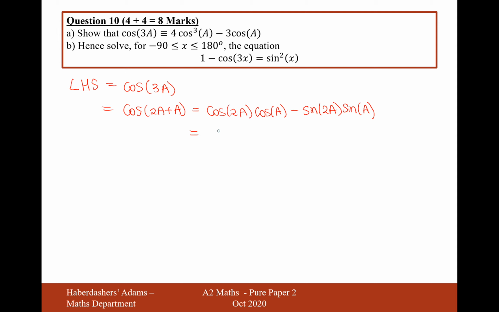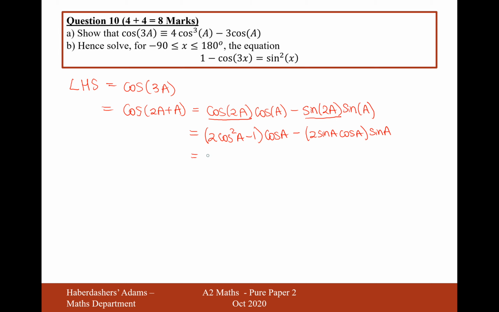Now let's expand the cos 2a and the sine 2a. Since we want our answer in terms of cos, I'm going to use the cos version of the double angle formula for cos 2a: 2 cos squared a minus 1, times cos a, and then minus, there's only one version of the sine double angle formula, 2 sine a cos a, times sine a.